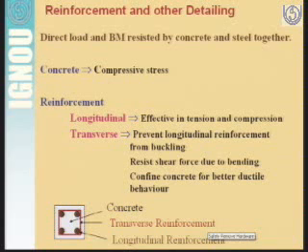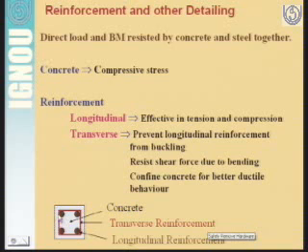Reinforcement in columns is of two types. One is longitudinal reinforcement. If this is a column, the bars provided in the longitudinal direction are the longitudinal reinforcement.